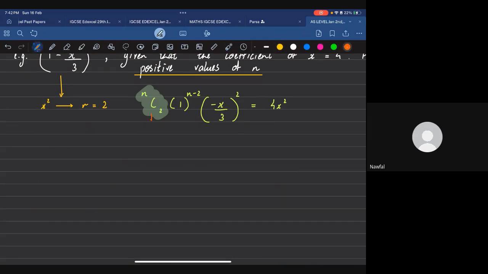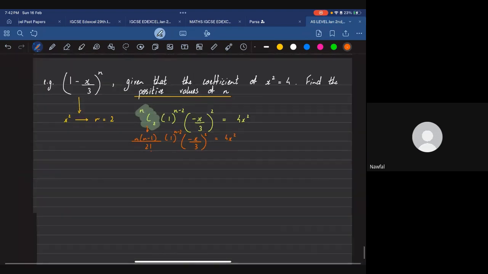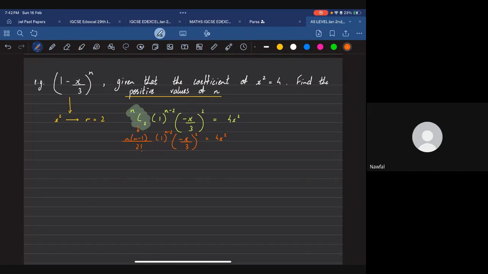So this is going to be written as n times n minus 1 over 2 factorial, times 1 raised to the power n minus 2, and then you're going to have (minus x over 3) raised to the power 2 is equal to 4x squared. All right, that is what you have expanded the entire thing to.